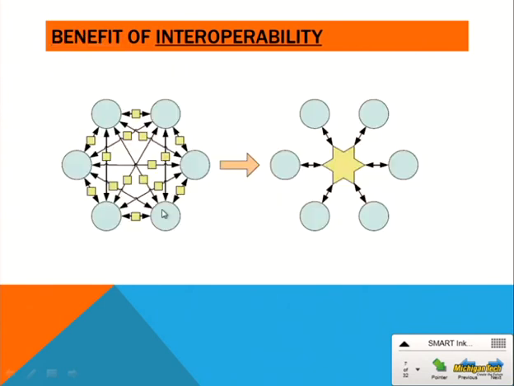So what's the benefit of interoperability? If there are many health information systems and there is no interoperability, system A cannot understand system B, and system B cannot understand system A. Why would you need to develop these health information systems? That's useless. You could just use a single system.